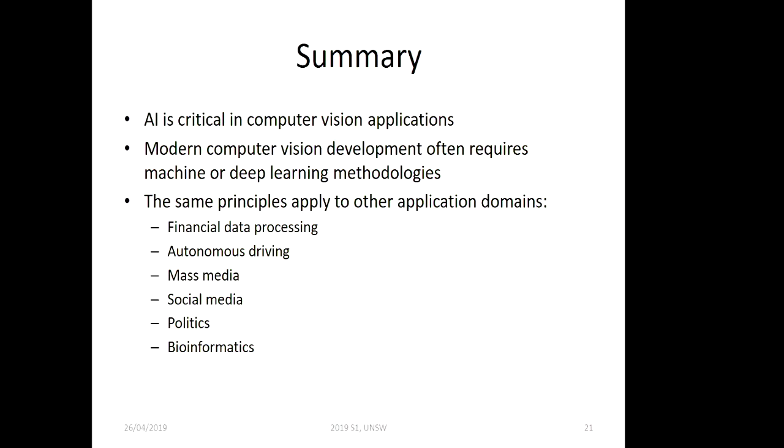So if you consider financial data processing or even politics, even now politics, they use AI and machine learning to do this prediction of voting. So many applications will use this set of techniques, but with some fine-tuning in the choices.